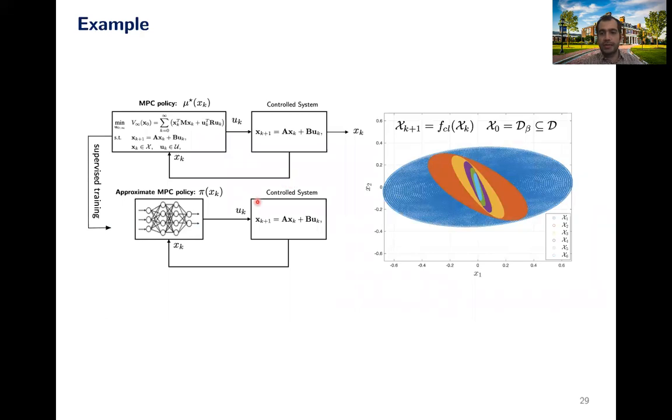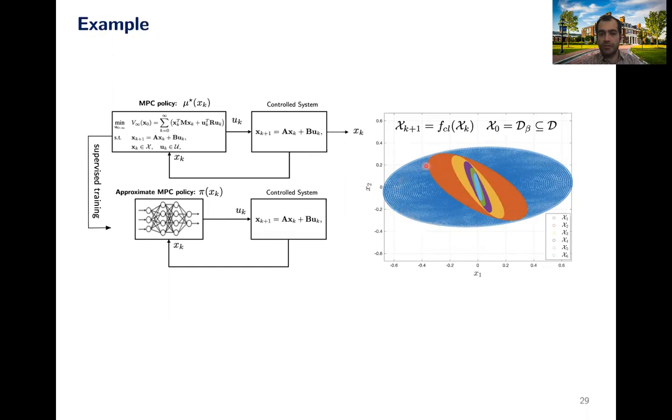So here's the last example. We tested this last result on a double integrator example in feedback interconnection with an approximate MPC policy. On the right-hand side, you can see the region of attraction that we computed after computing the Lyapunov function.